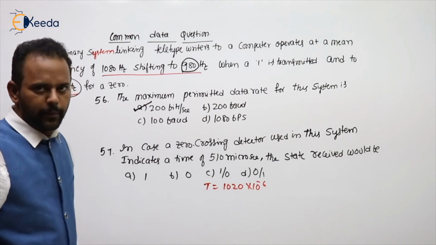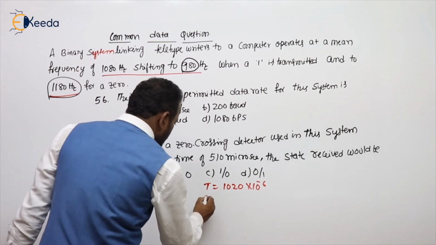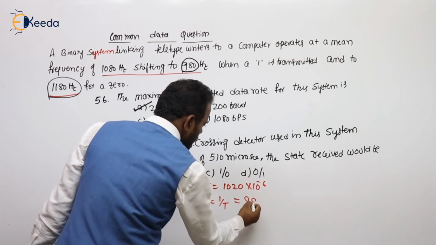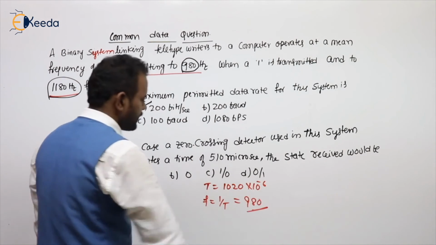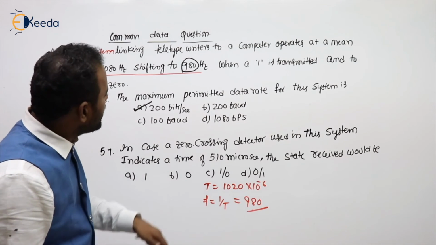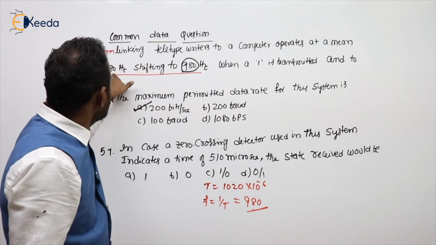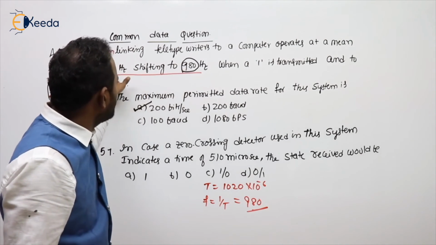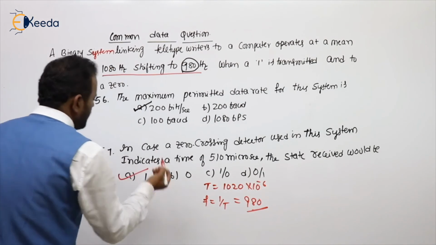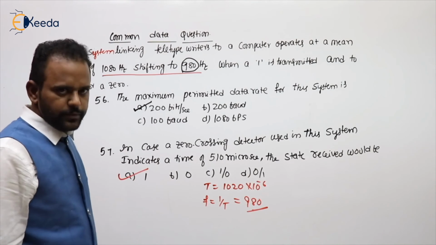This is the time. Then what is the frequency? 1 by time. Calculate, you will get 980. Frequency is 980, which is for the binary 1. So the received bit will be 1 in that situation.